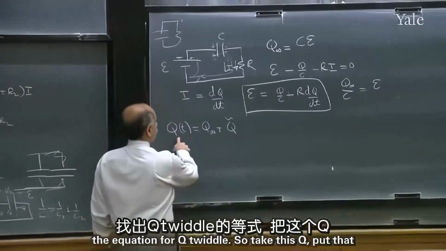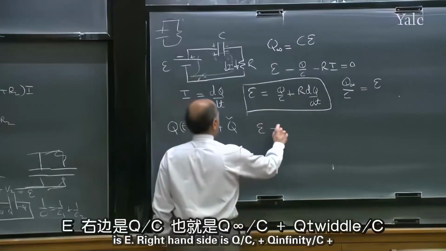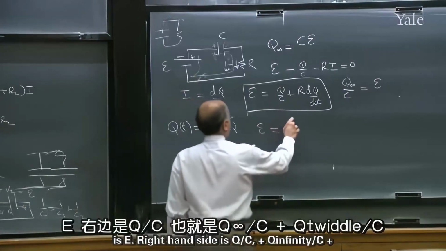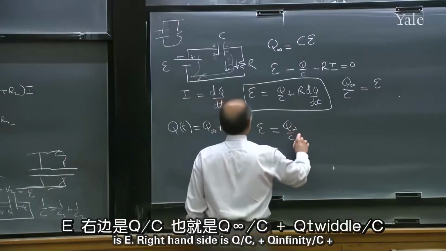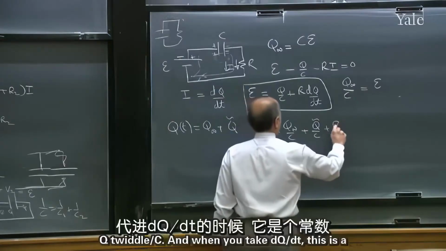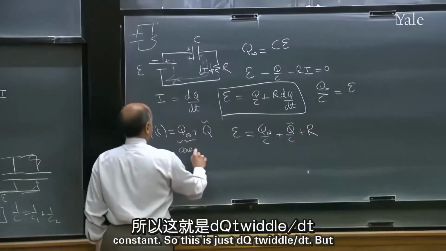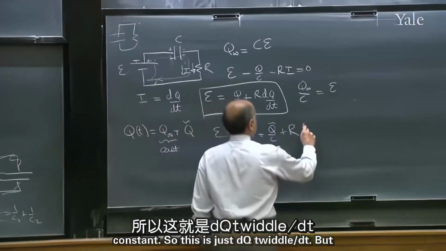So take this Q, put that in the equation and see what you get. Left-hand side is E. Right-hand side is Q over C, which is Q infinity over C plus Q twiddle over C. And when you take dq dt, this is a constant. So this is just dq twiddle dt.